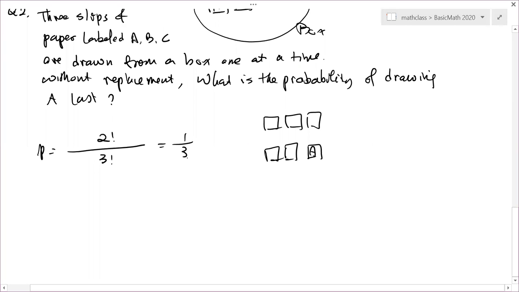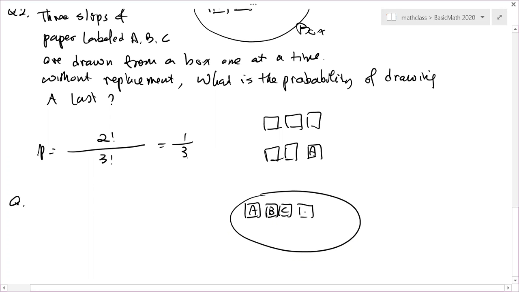And we modify the problem a little bit. This time you have 4 slips of paper, labeled A, B, C, D. It will be the same question, the same procedure.